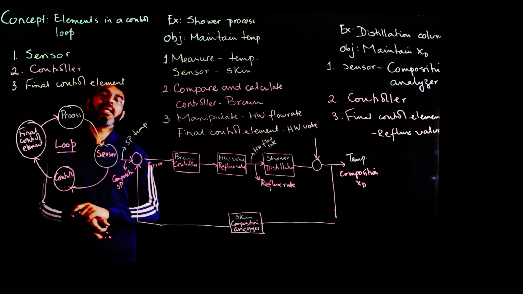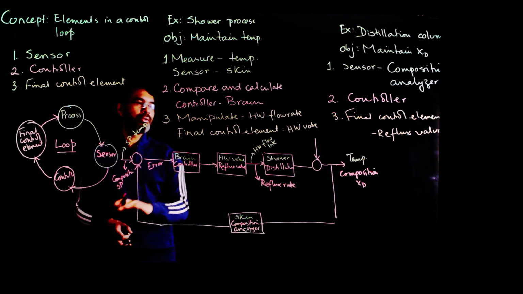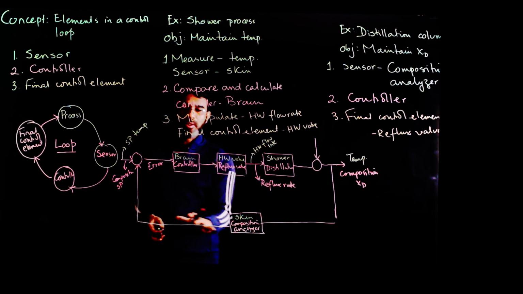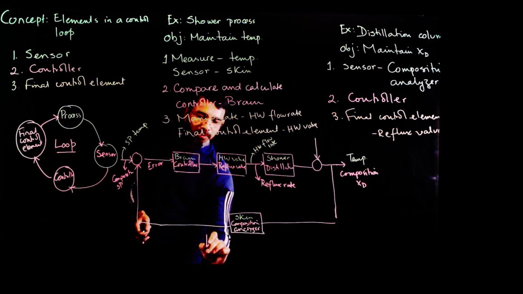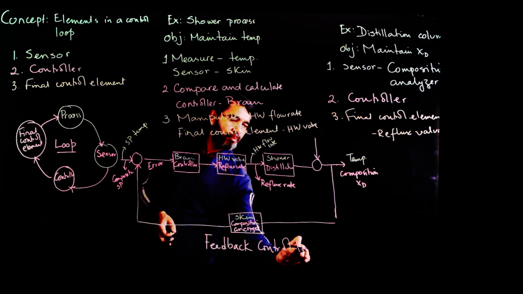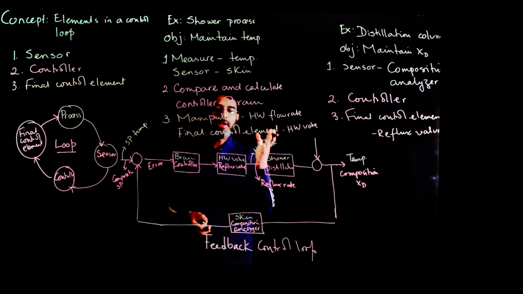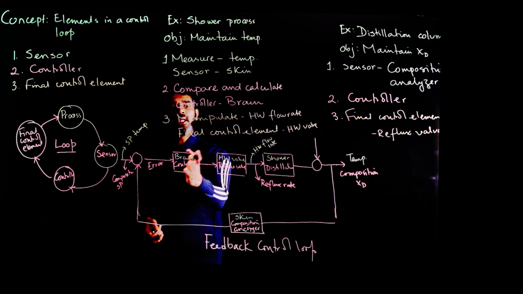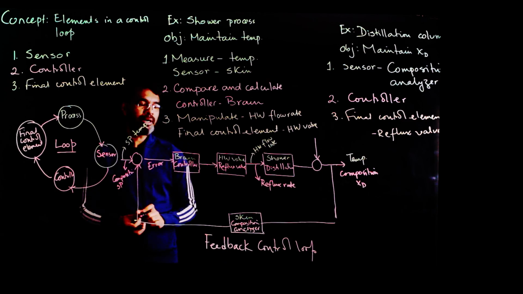That's why we call it a control loop. There is also a standard form to represent the control loop. This one is our regular feedback loop. For every process, the feedback diagram looks the same, only the elements are different for different processes.